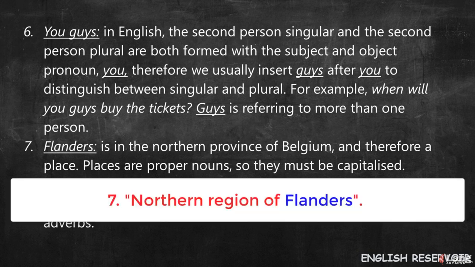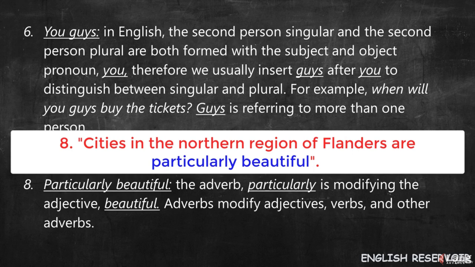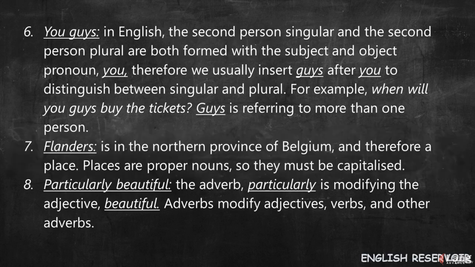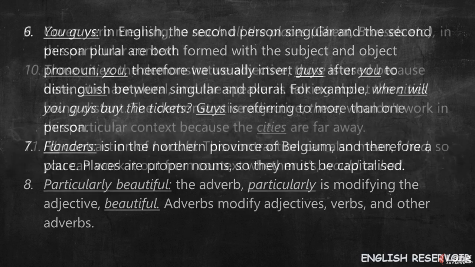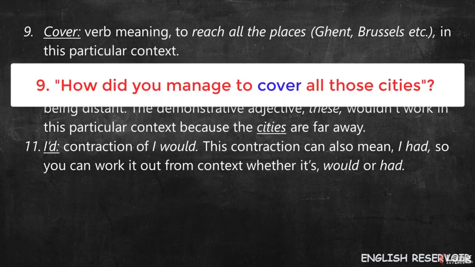7. Flanders is in the northern province of Belgium and therefore a place. Places are proper nouns, so they must be capitalized. 8. Particularly beautiful. The adverb particularly is modifying the adjective beautiful. Adverbs modify adjectives, verbs, and other adverbs. 9. Cover.